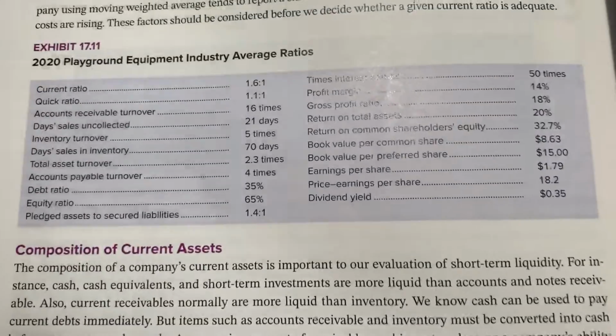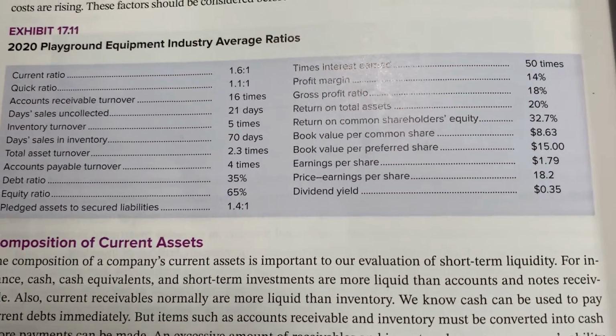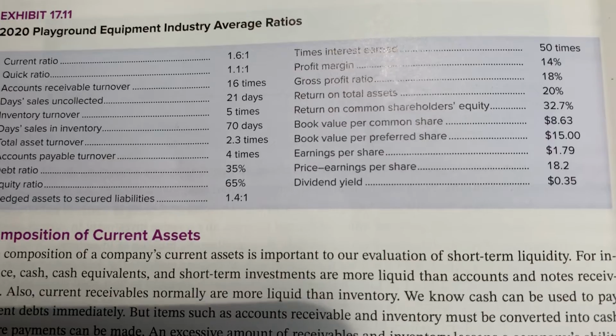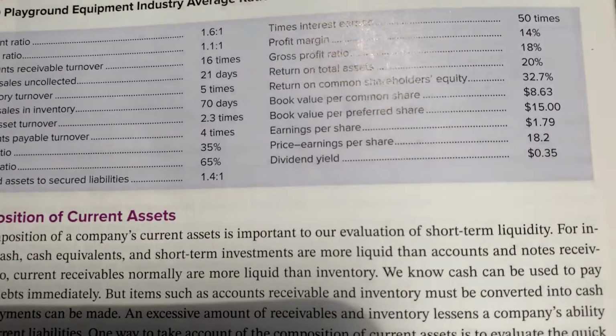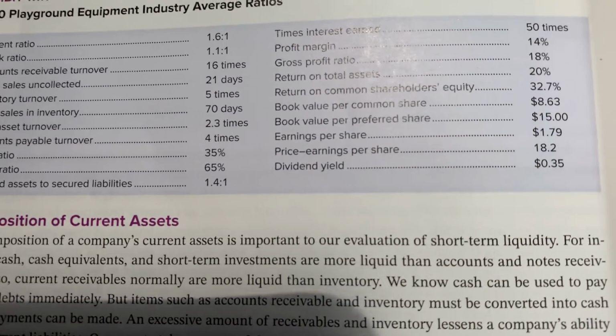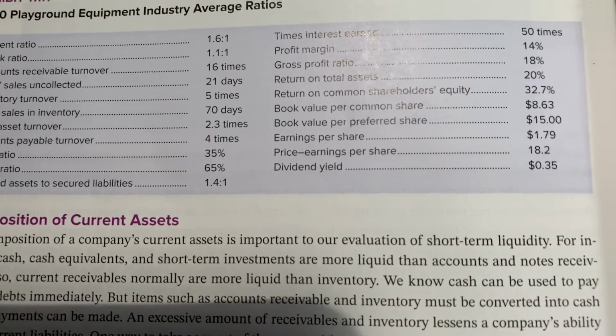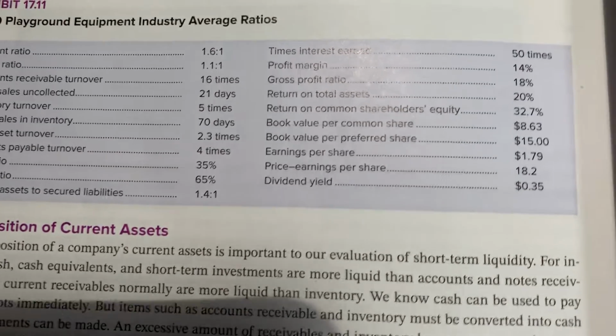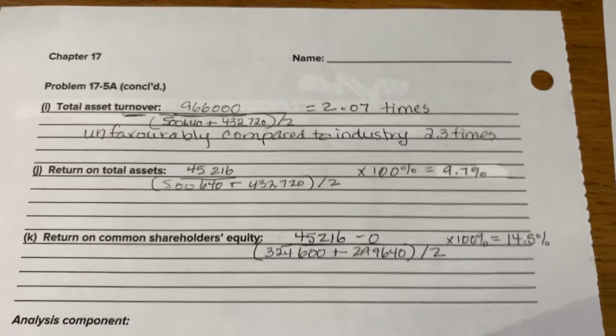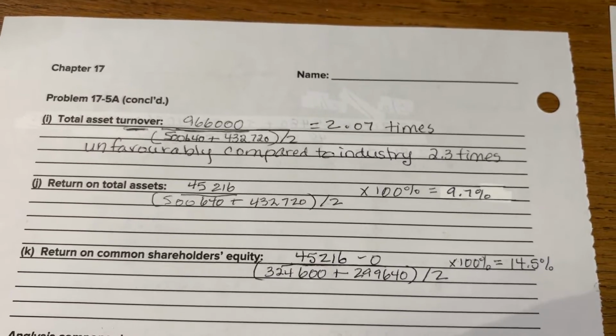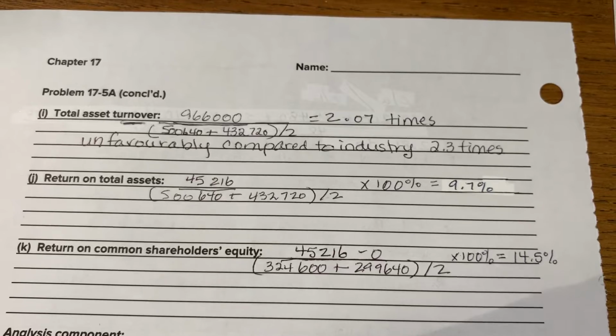Next, let's look at the return on total assets. Industry average is 20%. Let's look at ours. We're at 9.7%. So we compare unfavorably to industry average.